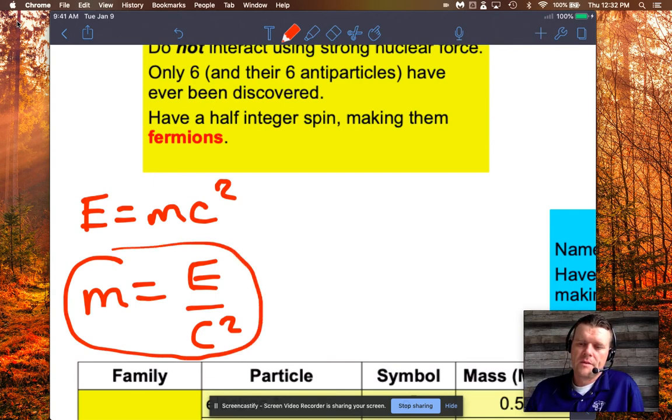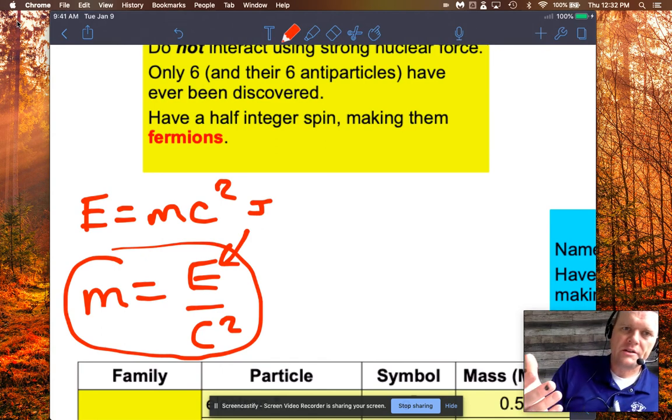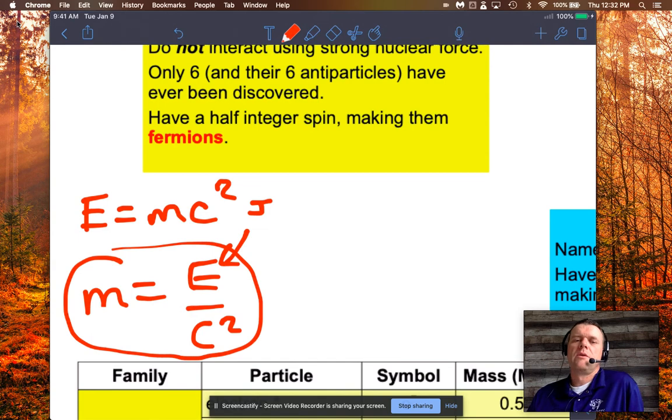If the energy was in joules, and the speed of light squared, of course, is meters per second squared, then you'd get mass in kilograms. And that just wasn't the useful side of it. What they realized though is let's change the amount of energy in joules to mega electron volts.